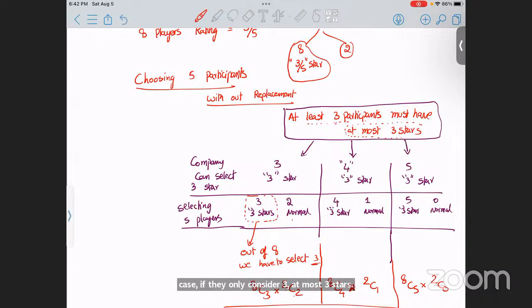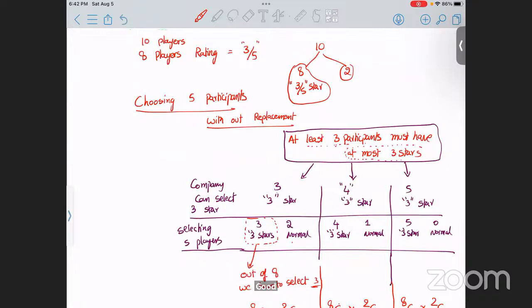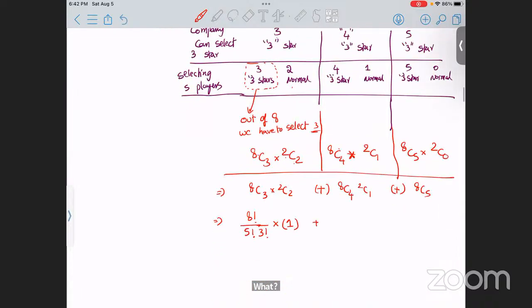Then 4 players, the highest is 3 stars, and 5 players, the highest is 3 stars. And at most means, sir? At most means the highest possible; it can't go beyond that.